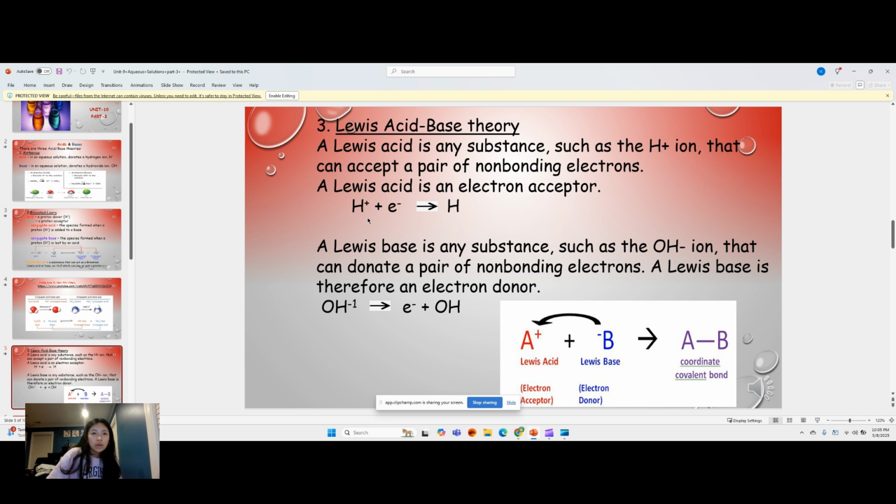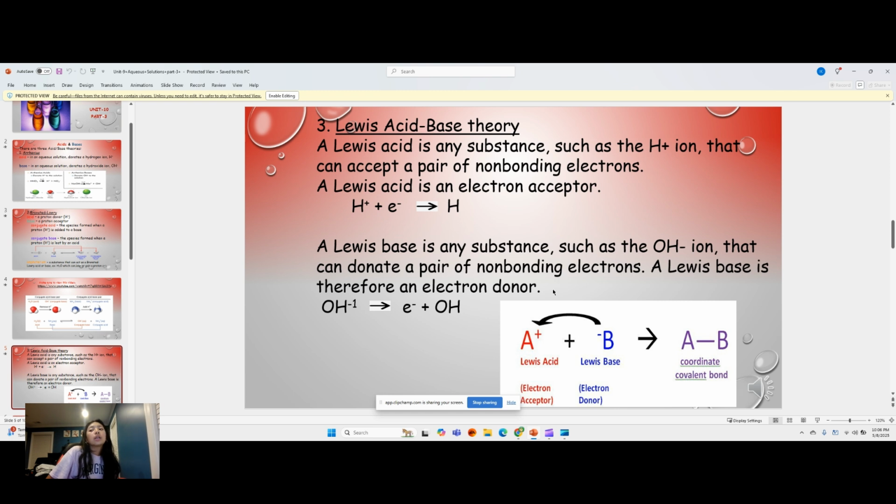Your third theory is the Lewis theory. A Lewis acid is any substance, such as the hydrogen ion, that can accept a pair of non-bonding electrons. So a Lewis acid is an electron acceptor. And a Lewis base is a substance, such as the hydroxide ion, that can donate a pair of non-bonding electrons.